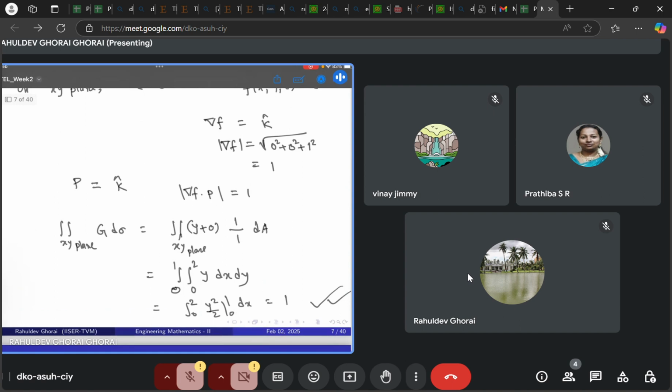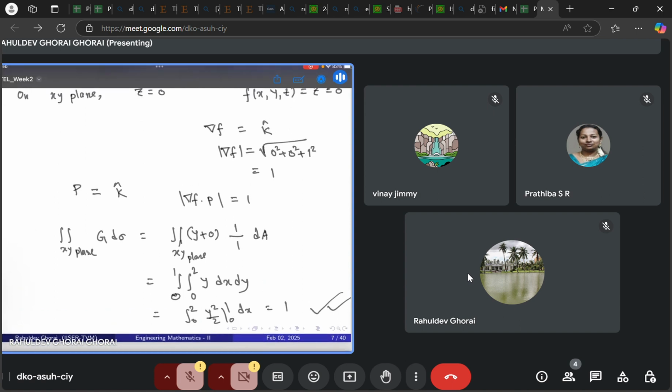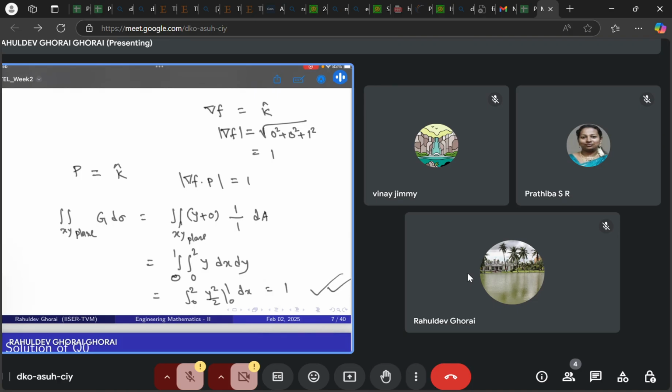Similarly, you can do it for the yz plane and the zx plane. If you do it over the yz plane, this g times d sigma, p will be i cap, and gradient f will also be i cap.